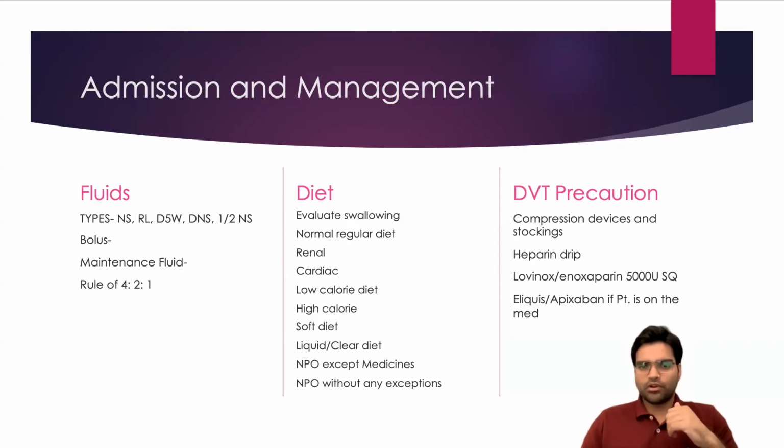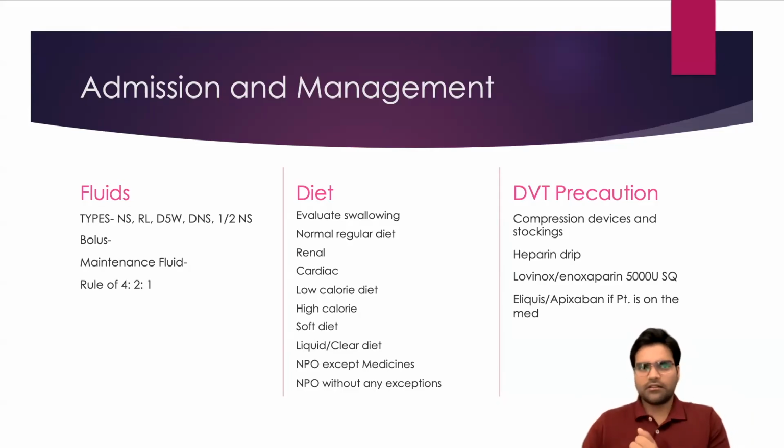And this is very important, DVT precaution. So for every patient, you have to write fluid, diet, and DVT precaution. DVT precaution is for patients who stay in hospital. If they are not able to walk, or they are not mobile, there are chances of developing blood clots in their lower extremity. So we have to give DVT prophylaxis.